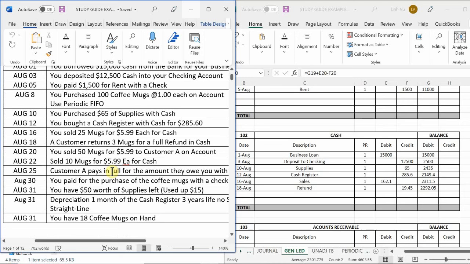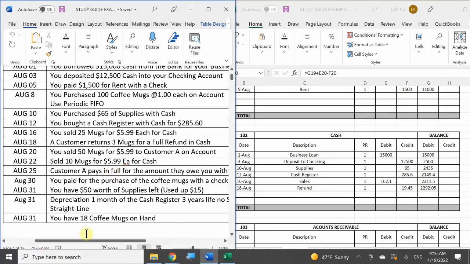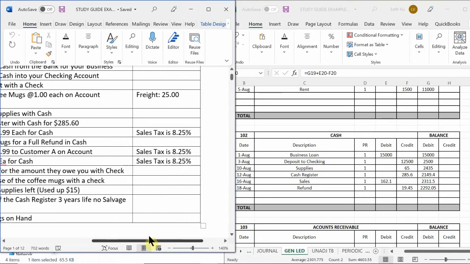All right, let's see what else has happened. So now it's August 20th. You sold 50 mugs at $5.99 to customer A on an account. Sales tax is still 8.25%.